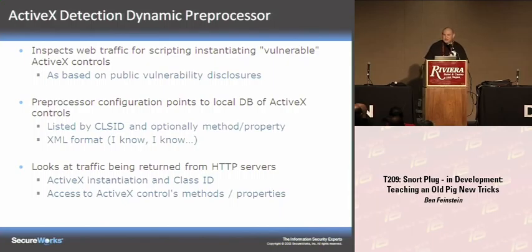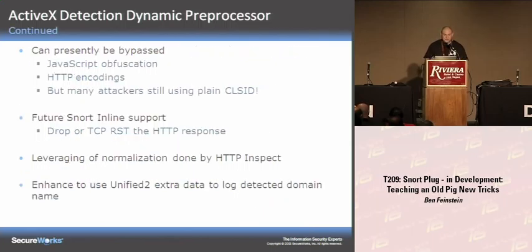The database is in XML format. I'm sorry, but it seemed easy at the time to parse. And it basically just looks at the traffic, the responses coming off the web servers, looks for ActiveX instantiation, looks for the class ID and a PCRE, and if you've defined methods and properties in the database, it'll also look for whether that scripting is using those vulnerable methods or properties.